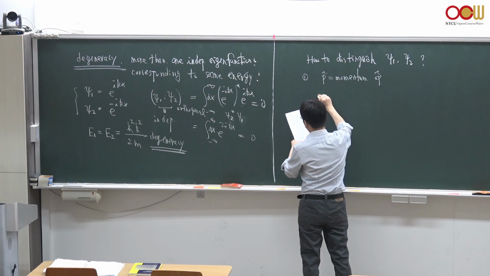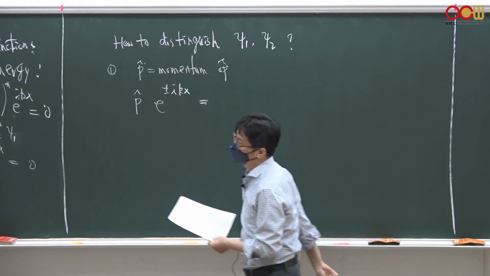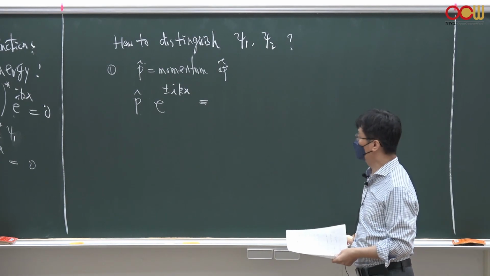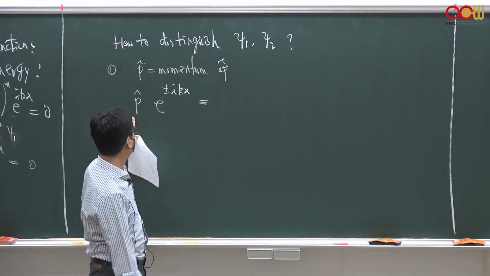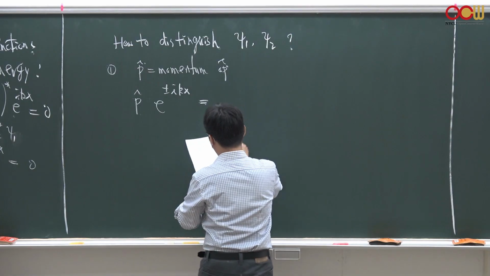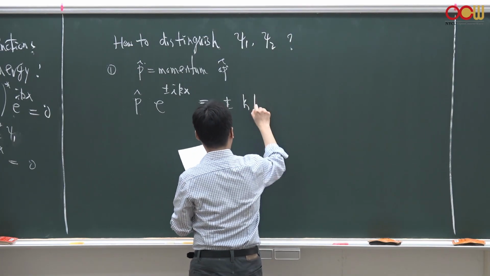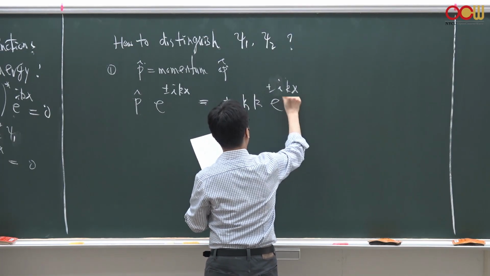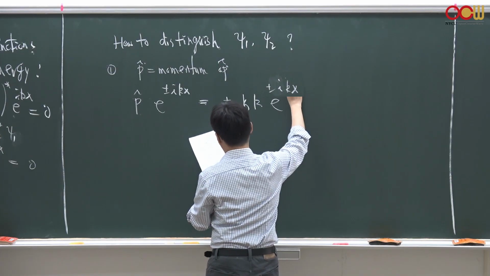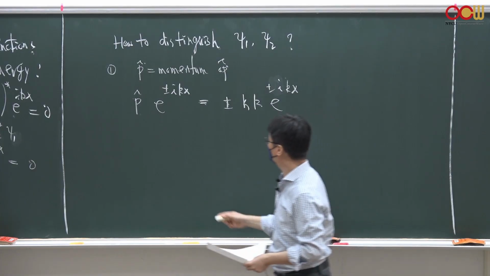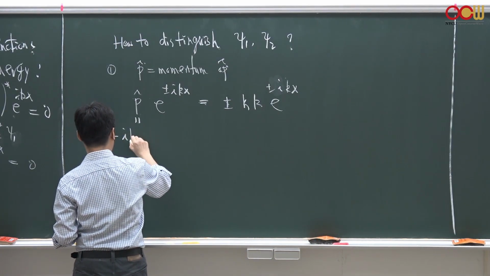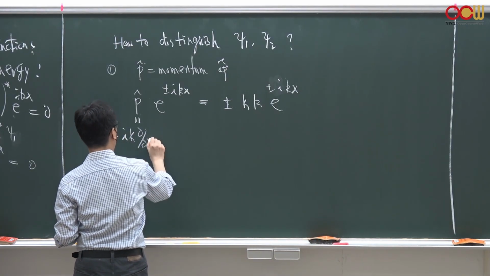If I simply apply this momentum operator onto this free particle, e to the plus minus ikx, I immediately get plus minus h bar k times e to the plus minus ikx, because the momentum operator is minus i h bar d by dx.